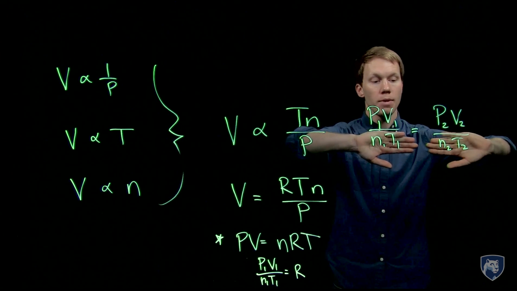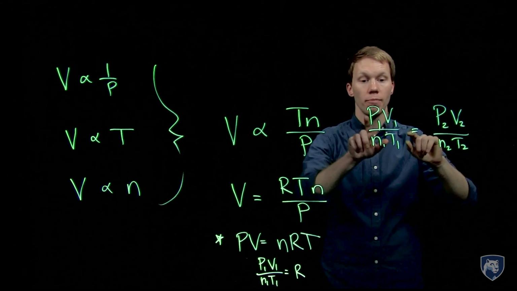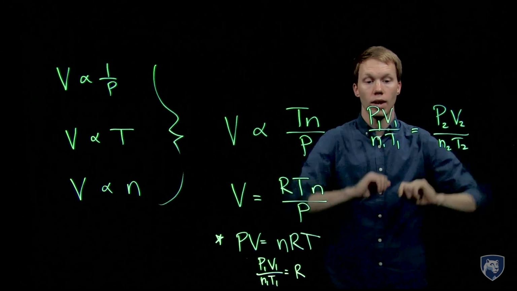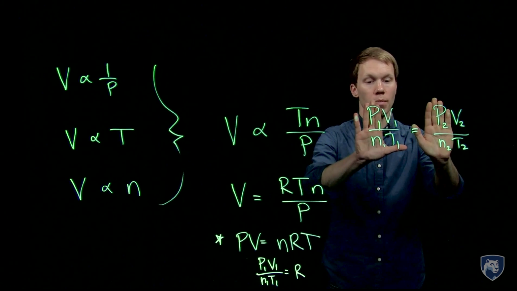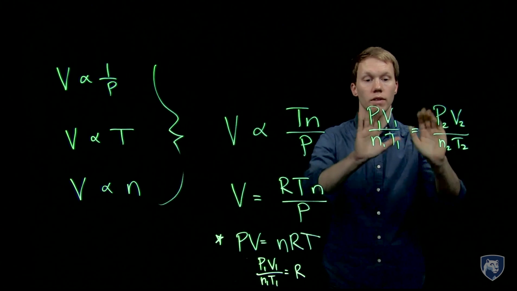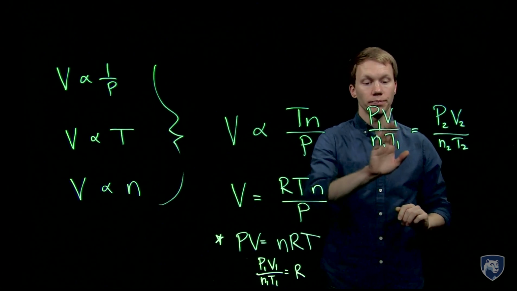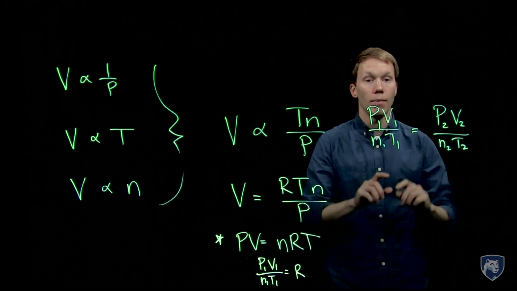When moles and temperature are constant, they're going to cancel out from this equation. So we'll have P1V1 equals P2V2, right? If volume and temperature are varying while pressure and moles are held constant, we have Charles' law, volume and temperature relationship. And if my pressure and temperature are constant, the volume and moles are varying here.